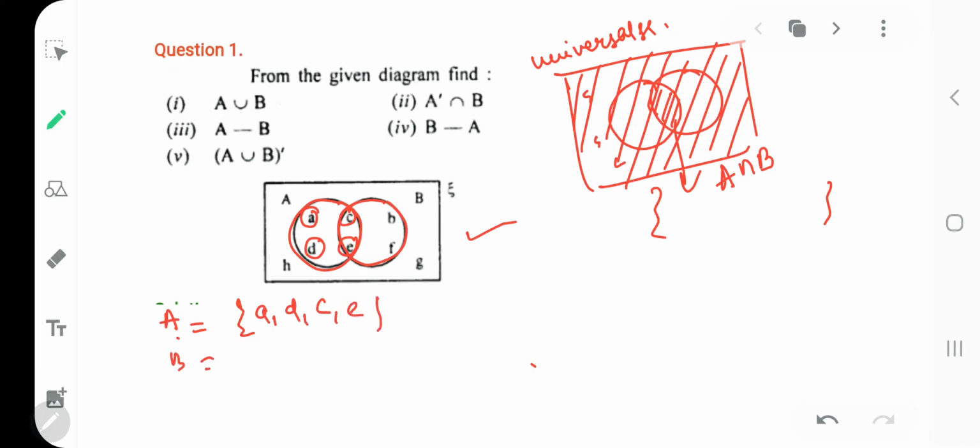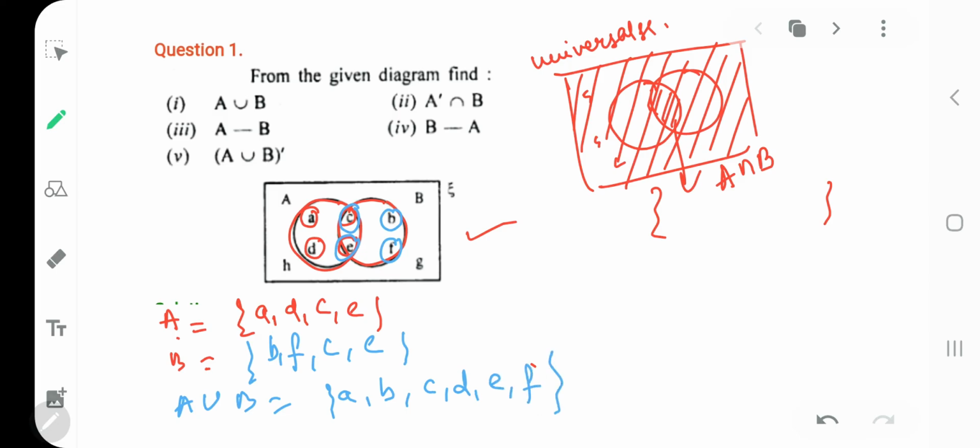If you see here, B consists of B, F, C, E. So I'll write it B, F, C, E. Once you got this, you have to find A union B. A union B means all the elements of A and B, but there should not be repetition of elements. So the elements will be something like this. Am I clear? Yes. This was your first.